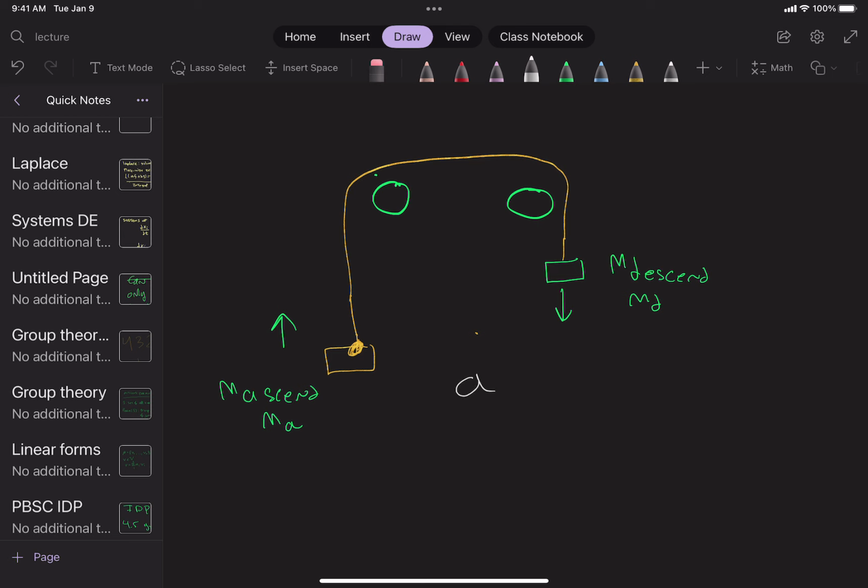Again, this is for the Atwood's machine. The theoretical acceleration is going to equal gravity. The reason these objects are moving in the first place is because they're being affected by gravity, so there's a gravitational term there.